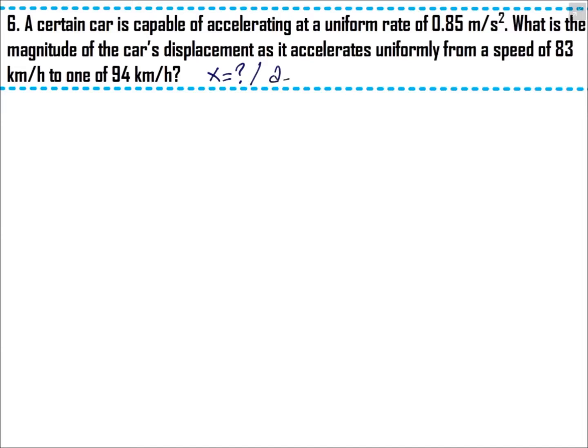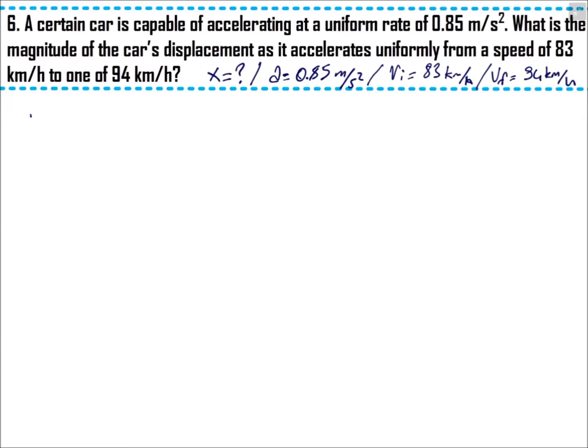We have acceleration, which is 0.85 meters per second square, and we have speed. Initial speed is 83 km per hour, and final speed is 94 km per hour.